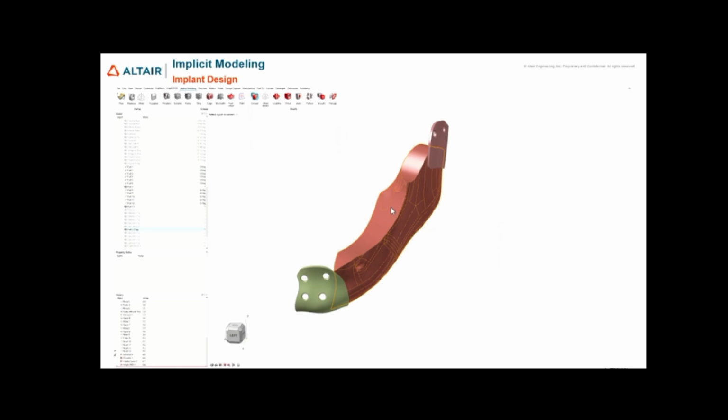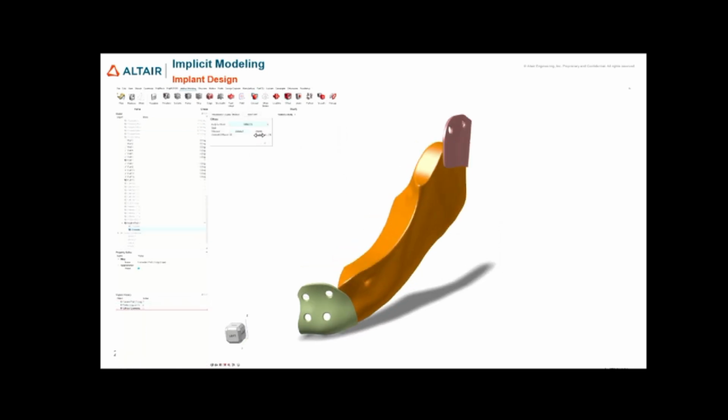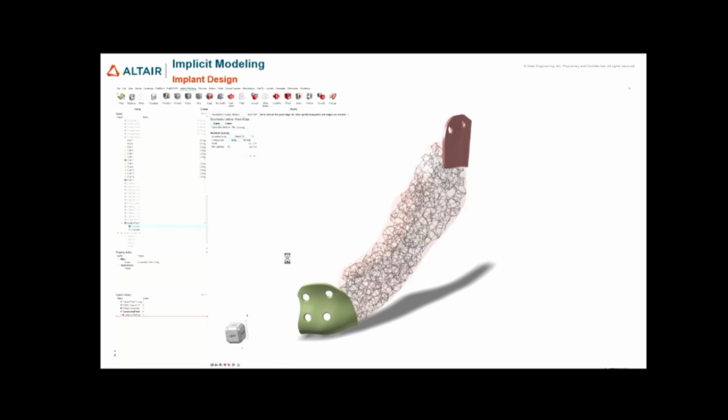So now we've got our polyNURBS part, and we've got the internal volume for the lattice, so we can take that BREP defeatured model, convert that to implicit, and fill that with a stochastic lattice. We'll generate a number of random points inside there, where we can define the minimum spacing between the points to make sure that no points get closer than a certain amount.